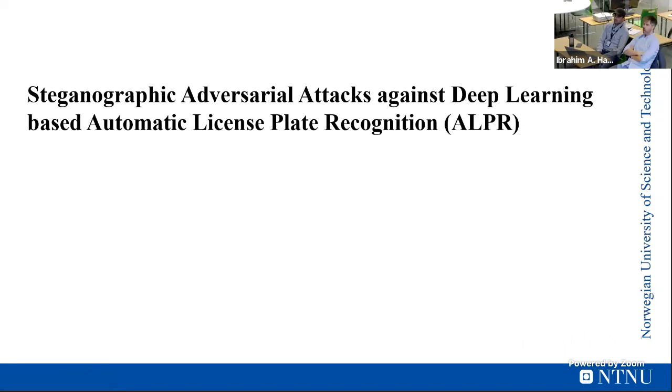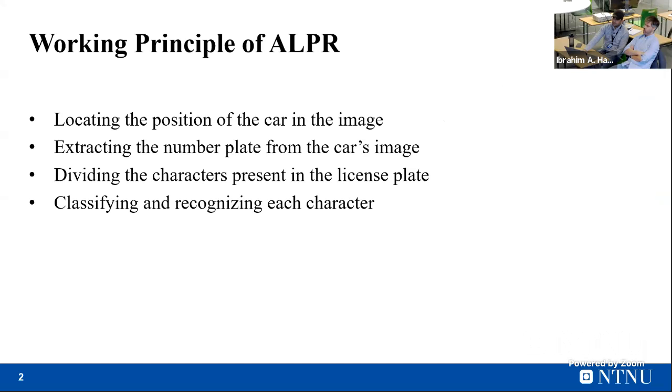So we are looking into automatic license plate recognition, and then using steganographic adversarial attacks against deep learning on top of this, to be able to fool the algorithms into misclassifying.